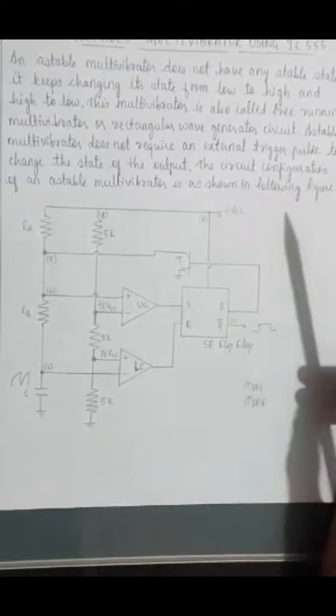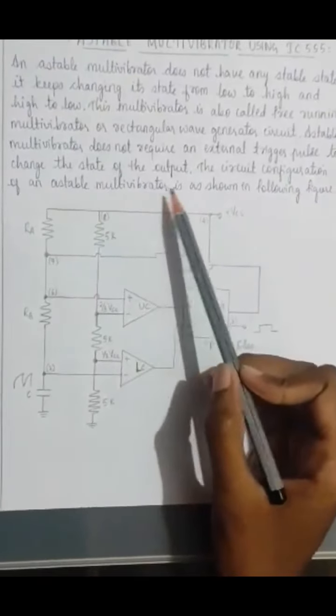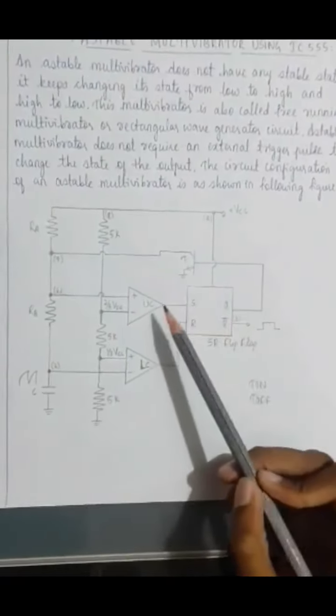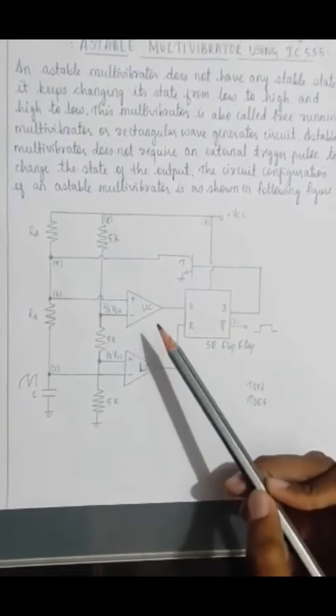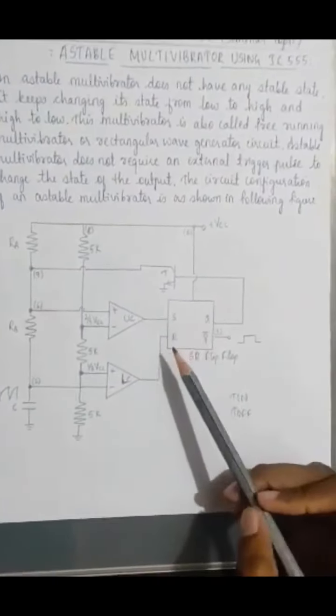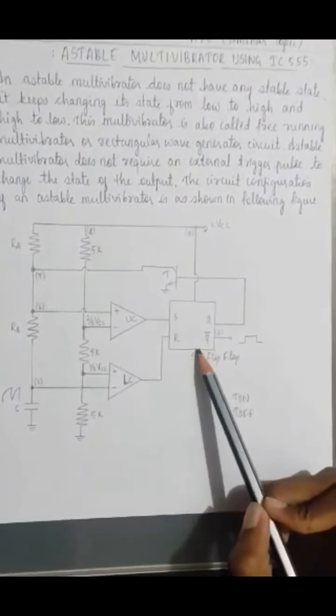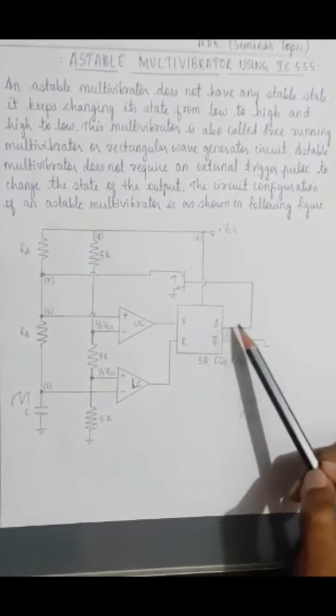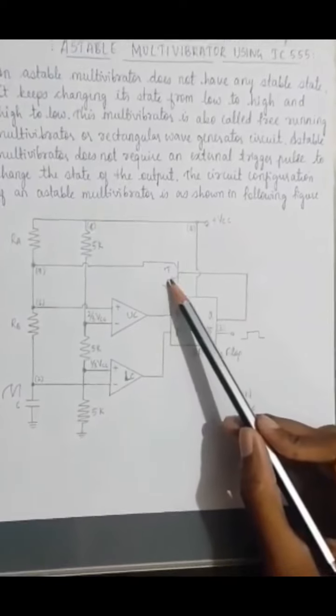The circuit diagram for the astable multivibrator is as shown here. Here two comparators are used, one is the upper comparator and the other is the lower comparator, and the output of these comparators is connected to the flip-flop, and the flip-flop's output is connected to the discharge transistor.